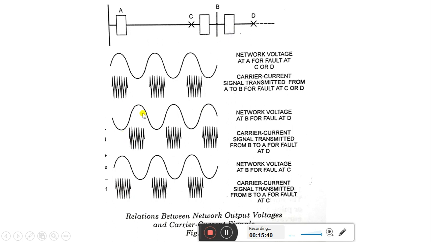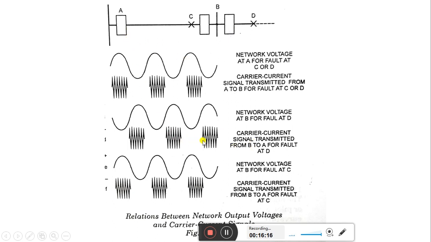What we see is that this voltage is just opposite, that is 180 degrees out of phase to the previous signal, where this was the voltage at point A. Now if the fault is at D, then the voltage at point B is like this, 180 degrees out of phase compared to point A.